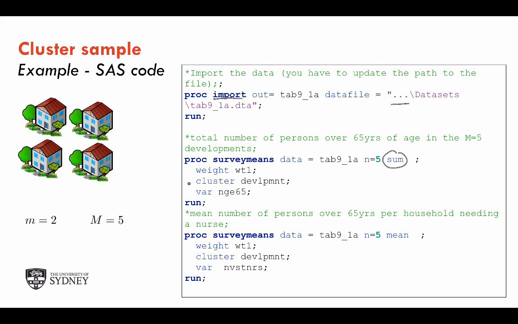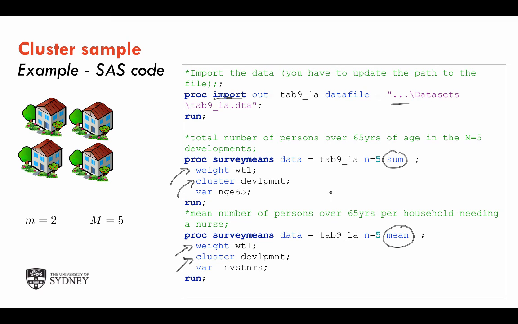And now I have to add, alongside with weight, this command cluster that is going to tell SAS that the variable development identifies the clusters that the house belongs to. In the same way, to compute the average number of individuals that will require a nurse per house, I'm going to use now the option mean because I want an average, and again together with weight I have to use this command cluster to identify the clusters in the sample.